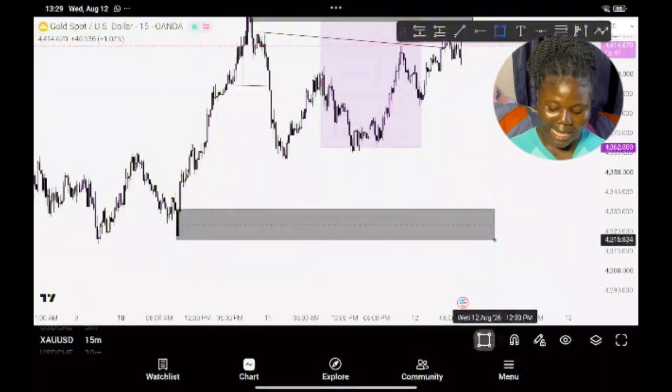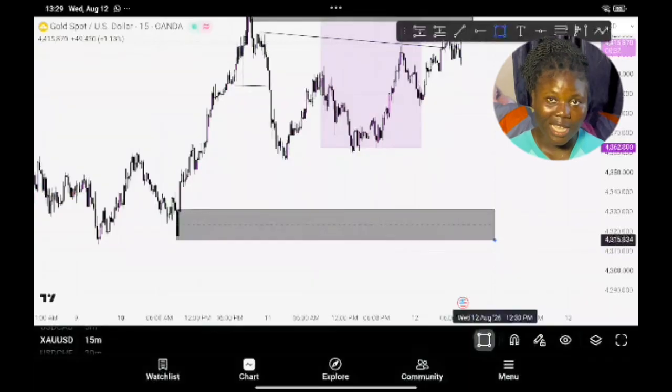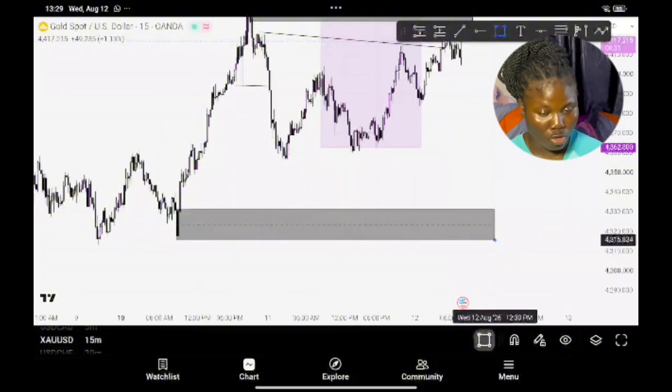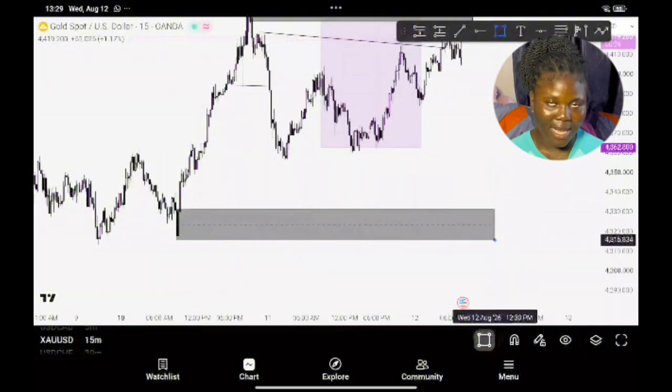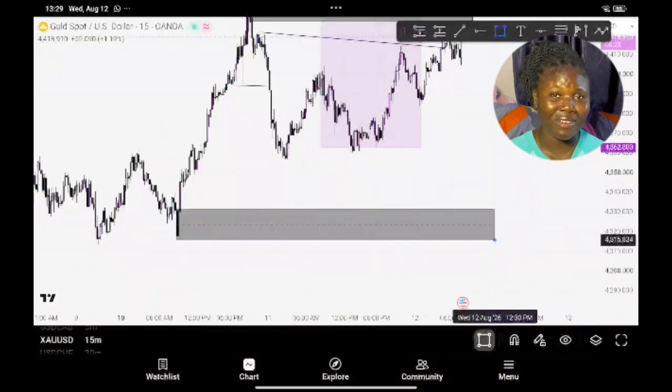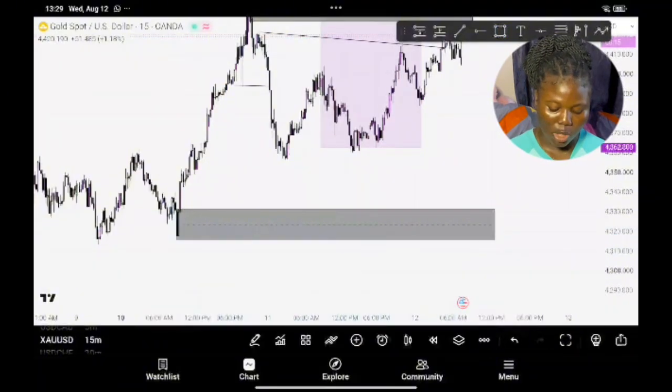But if the market has tapped into it before, it is invalid. If the market is coming back, the market is sweeping you out of that trade. So what you're going to do is pick a valid one. And most of the time, even if you pick the valid ones, the market sometimes will misbehave and still take you out, because we're not the ones controlling the market. Sometimes it's like that.